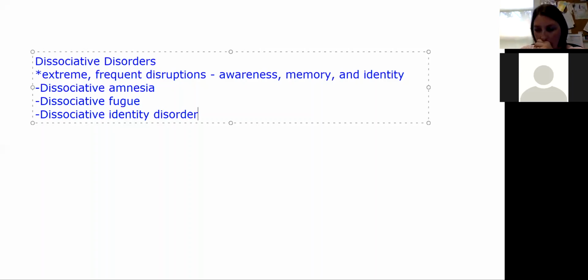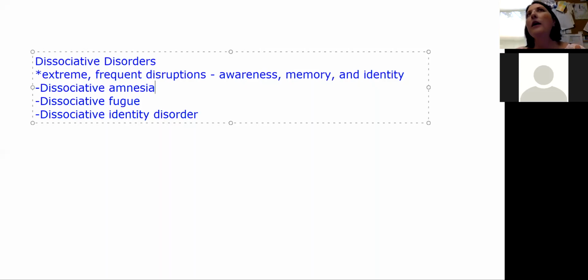With dissociative amnesia, people tend to, for no reason at all and with no medical explanation, suddenly have no idea who they are. They don't know where they're from. They don't know their name. They don't know anything.